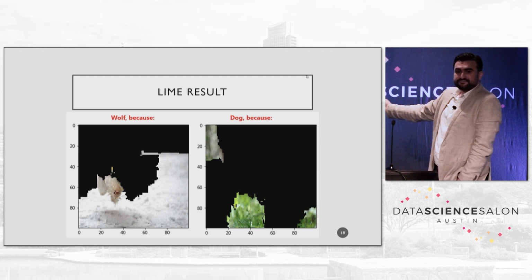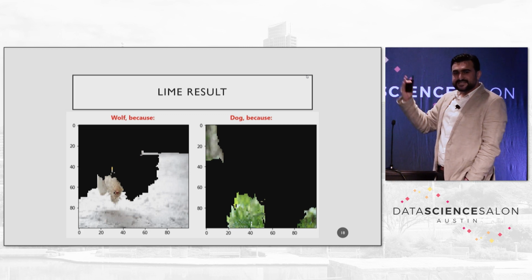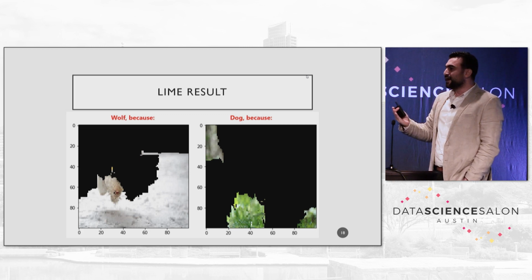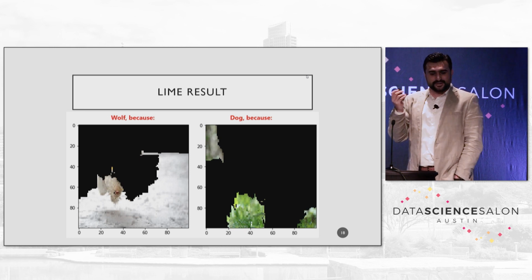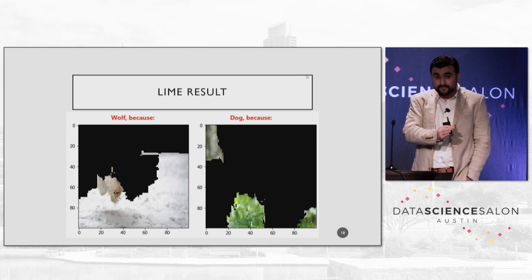Now, this is pretty striking, right? It is basically classifying dogs versus wolves based on attributes or features that have nothing to do with being a wolf or a dog.